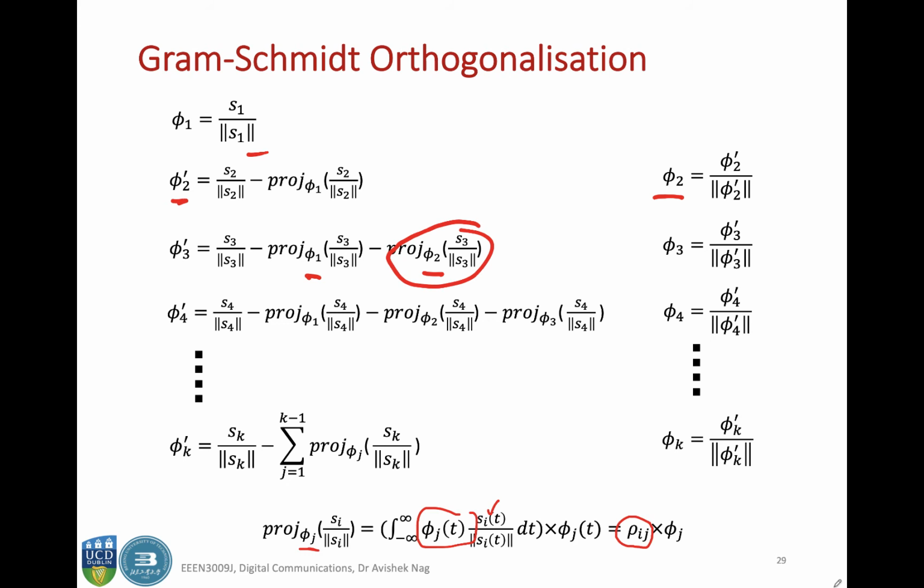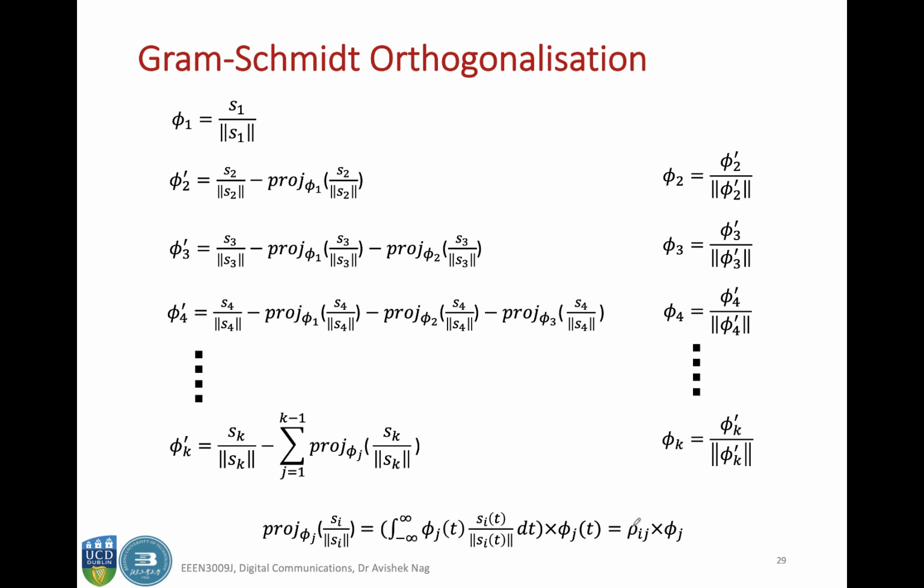So let's first look into this entire algorithm from a math point of view, and then I will explain what is happening from a vector perspective. We start with phi1.